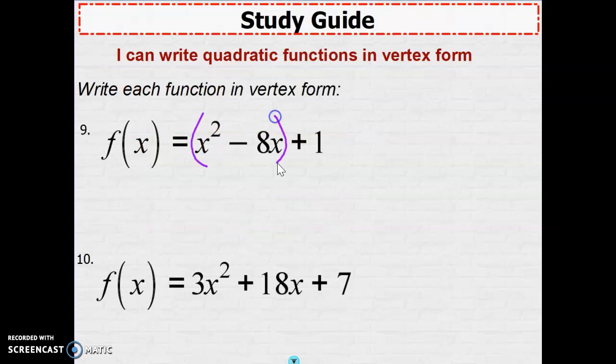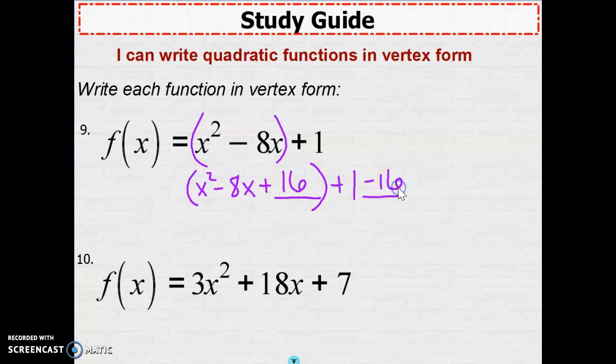Right, I'll try to go through this quickly. As a reminder, you took half of negative 8, which was negative 4, and you squared negative 4 to get 16. So if you added a 16, you needed to keep this balanced by subtracting a 16.